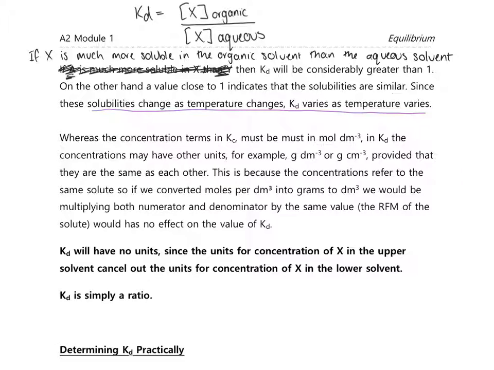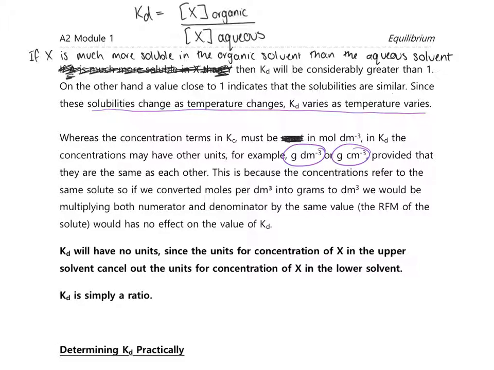And there's a note here on the units of concentration, and the change we need to make here is take out this second word, must. So when we're using concentration values for Kc, they have to be in moles per decimetre cubed. But what we find with KD is that we generally have them either in grams per decimetre cubed or grams per centimetre cubed.